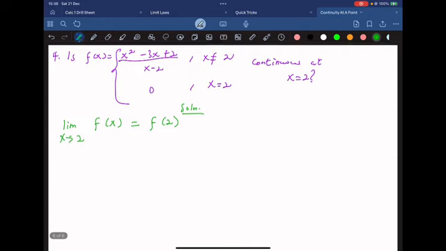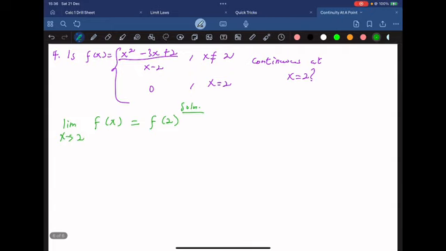Okay. So limit as x approaches 2, meaning that x is not equal to 2. So if x is not equal to 2, then we have to use this, right? So we use the first one. So we have limit as x approaches 2 of x squared minus 3x plus 2 over x minus 2. And this should be equal to f of 2.